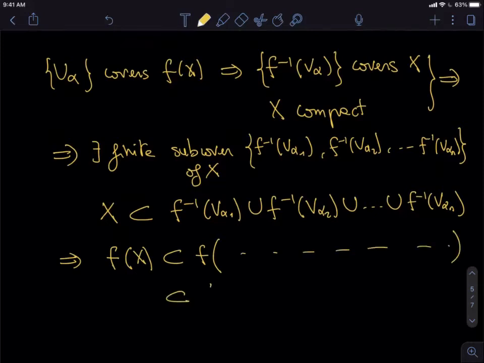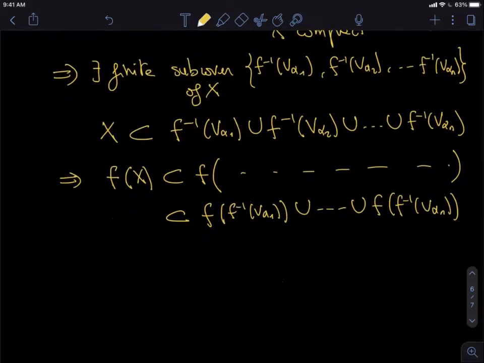which is contained in f of f minus 1 V alpha 1 union up to f of f minus 1 V alpha n, and here we use that f of f minus 1 V alpha 1 is contained in V alpha 1, union V alpha 2, union V alpha n.